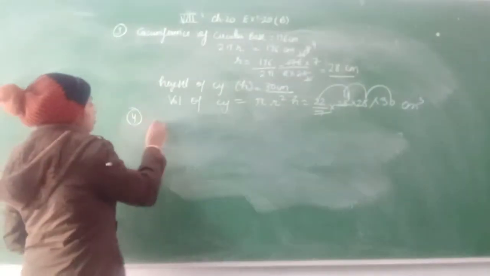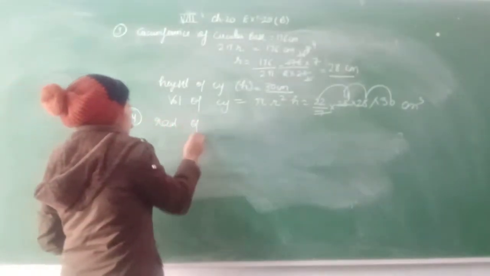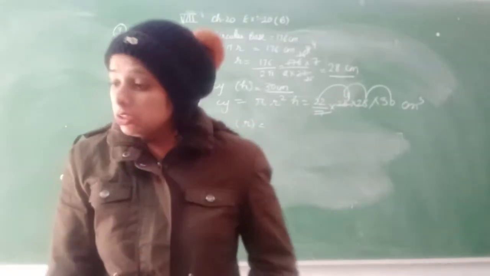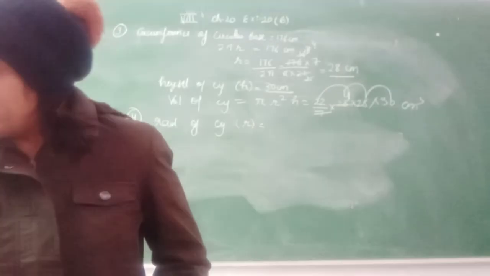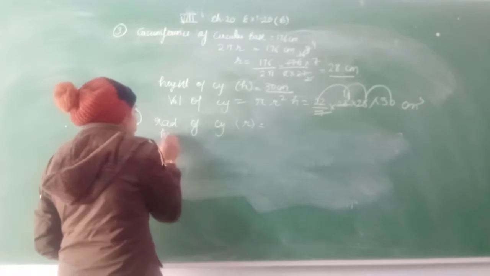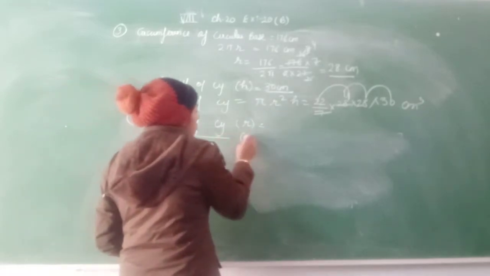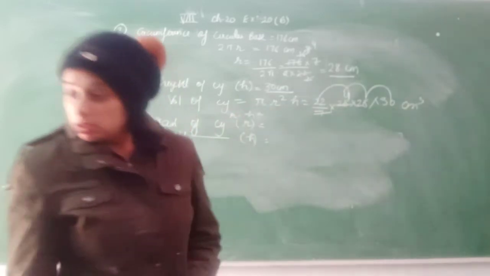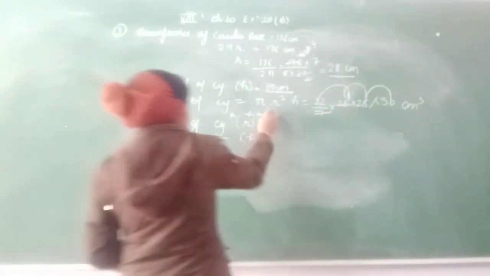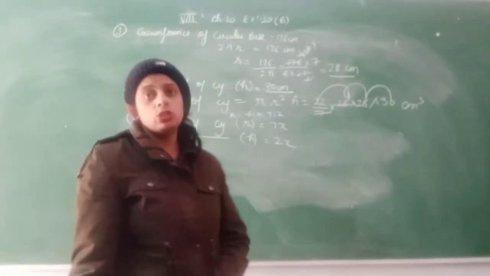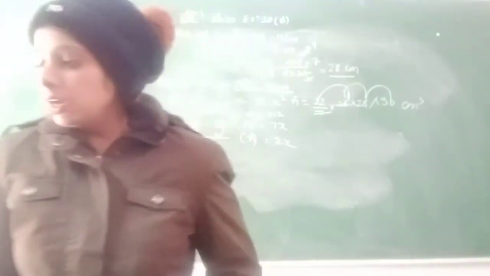So question number 4, where the radius of the cylinder, that is r, and h are in the ratio 7 ratio 2. So what will you write here? 7x and 2x. To remove that ratio, you will write 7x and 2x.